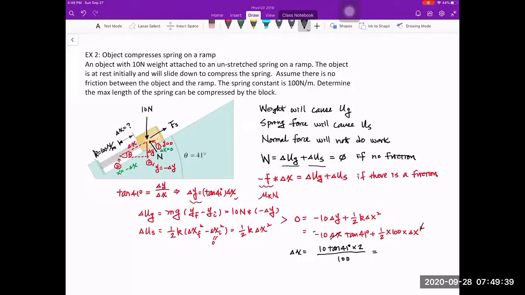So if you put all these numbers in there, I think you're supposed to get 0.174 meter. And that's the solution for this problem.